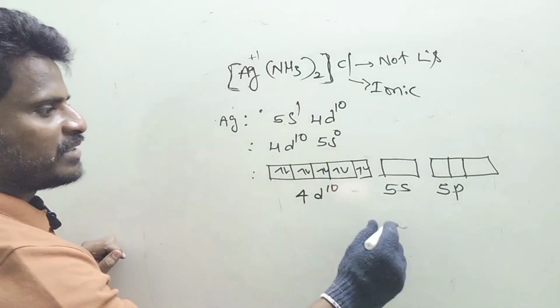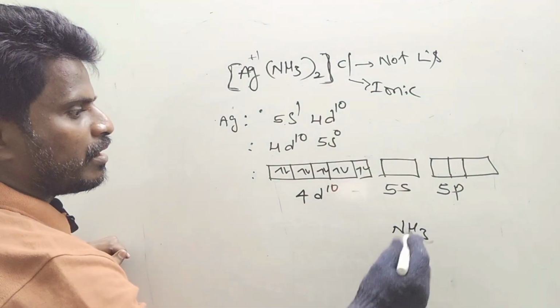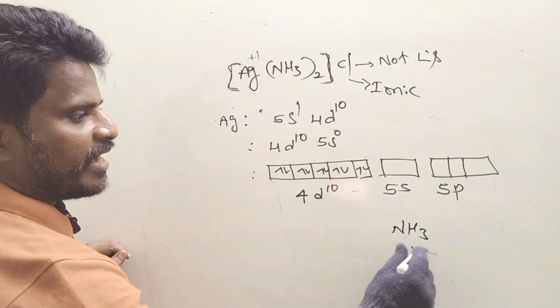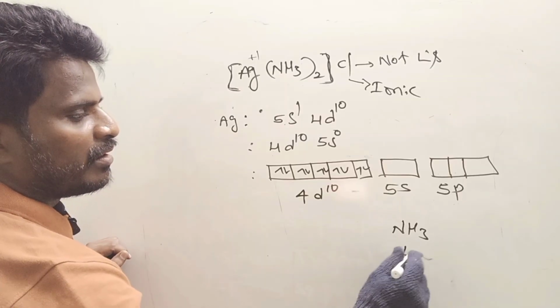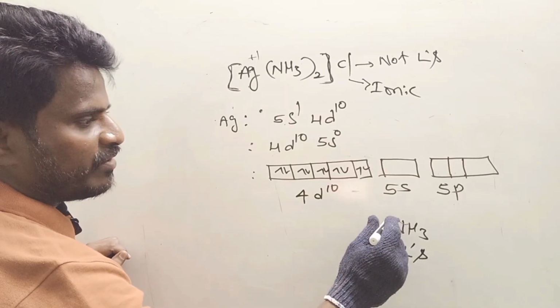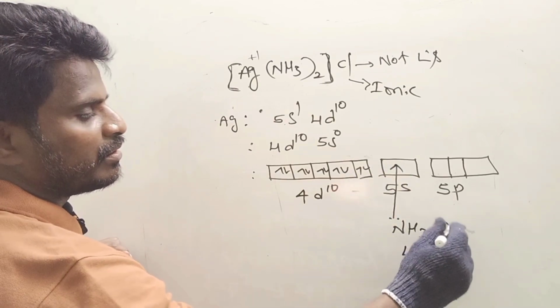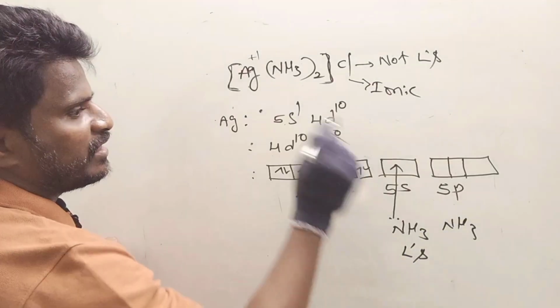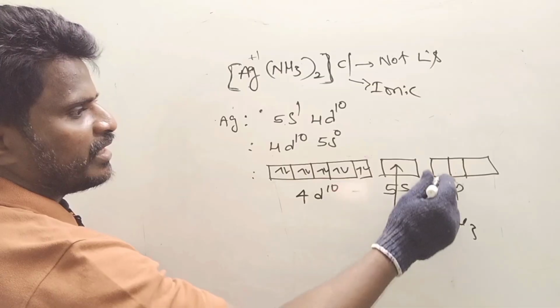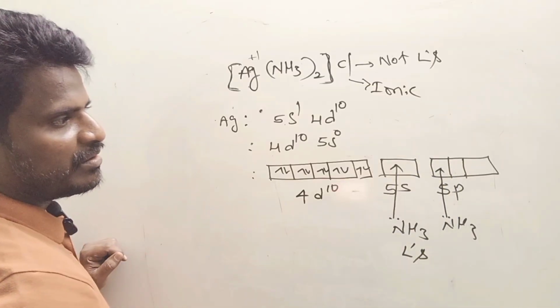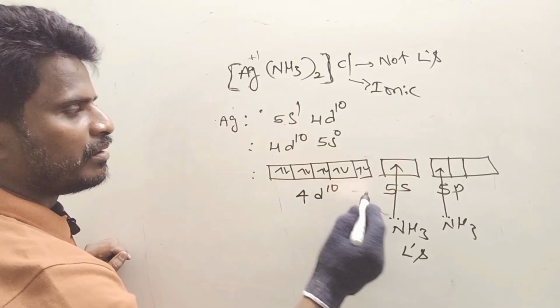In this complex, NH3 acts as a ligand. One ligand donates a pair of electrons to the s orbital, and the other ligand donates another pair of electrons to a p orbital.